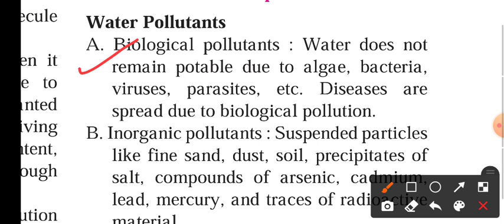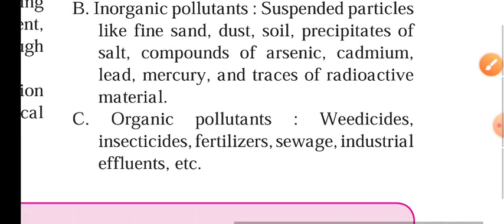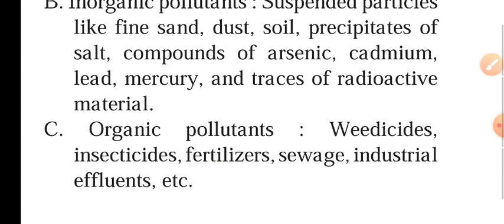Inorganic pollutants include suspended particles like fine sand, dust, soil, precipitates of salt, compounds of arsenic, cadmium, lead, mercury, and traces of radioactive materials. Along with that, there are organic pollutants like weedicides, insecticides, fertilizers, sewage, industrial effluents, etc. So there are multiple factors causing water pollution.